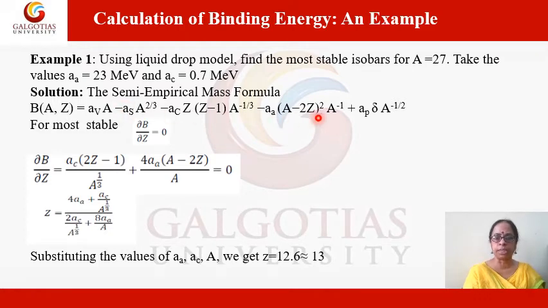The third and fourth terms contain Z, and the last term has no Z. So only the third and fourth terms will be written over here. We will differentiate and make it 0. Then we will find the Z value. Now substitute all the values of AA and AC, and we will finally get Z, the atomic number, equal to 12.6, which is approximately 13. So the most stable isobar is for A equal to 27 and Z equal to 13.